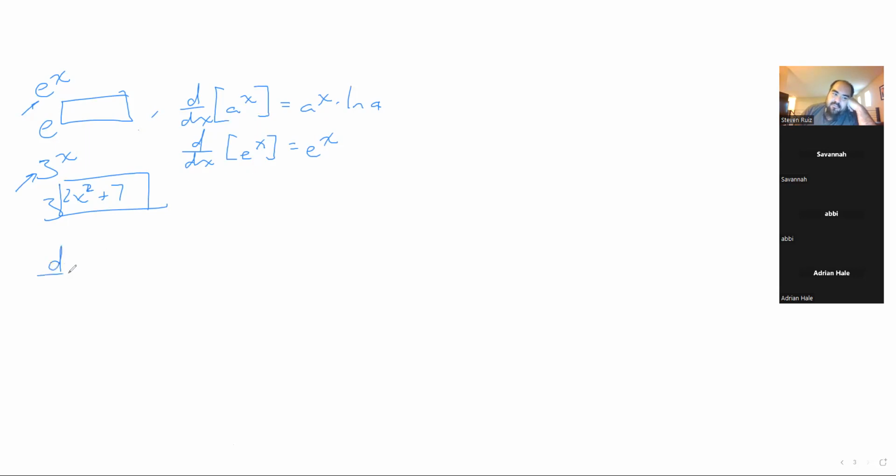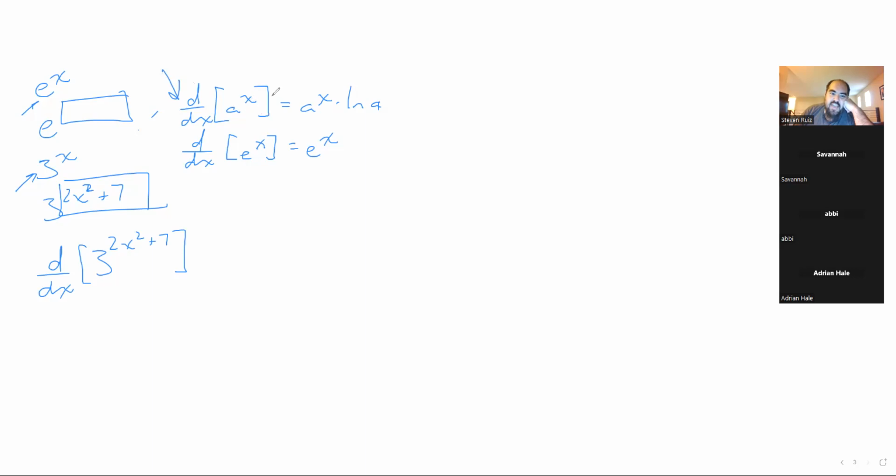So let's just do an example here. And I'm going to do this one a little faster because it doesn't really work any differently than the 2 we just did. So we know that the derivative of an exponential function always contains the original function. So we're going to focus on this top rule here.